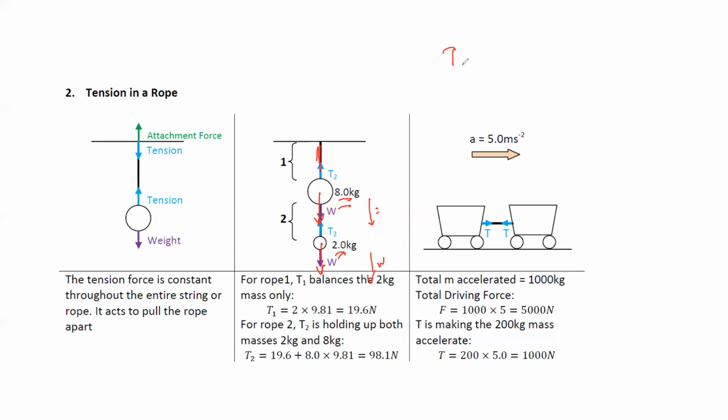So we can say T2 minus W1 minus W2 is equal to 0. So the tension in the second rope T2 is equal to the first weight, 8 into 9.81, plus the second weight, 2 into 9.81, and when we solve we get 98.1 Newton.